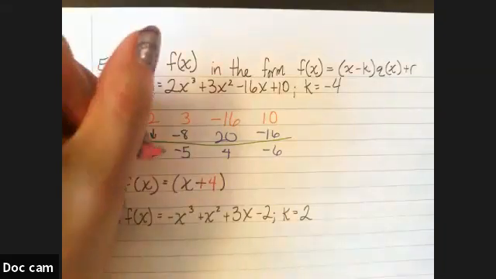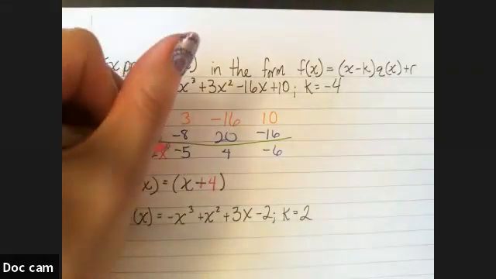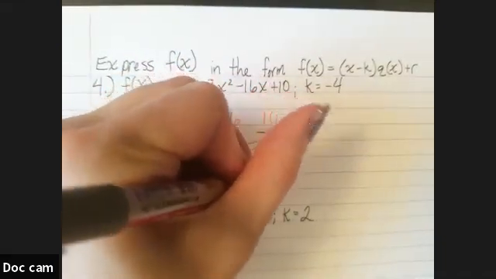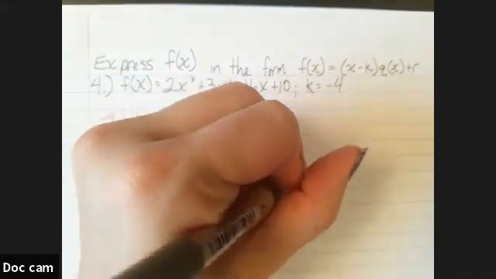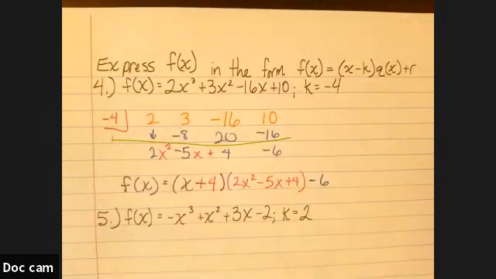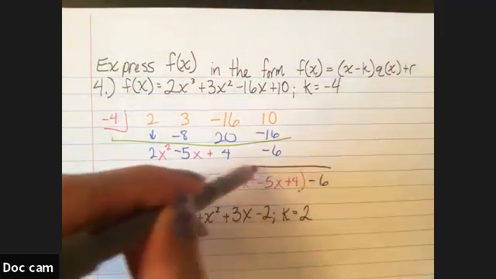So that's the quotient, which is going to be 2x squared minus 5x plus 4. All right, plus the remainder. So in this case, the remainder is negative 6. So plus negative 6 is also the same thing as minus 6. All right, and that's what they're looking for as the answer.